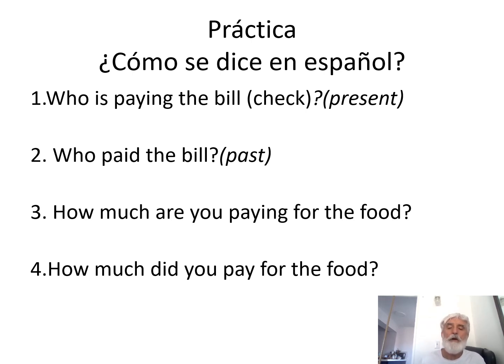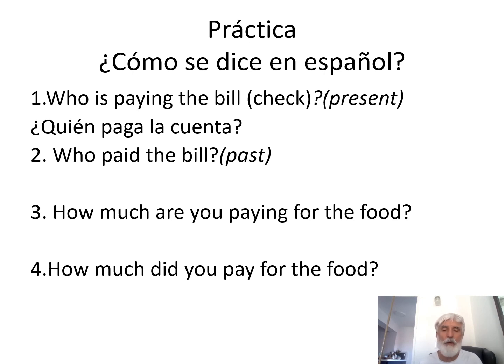The who form corresponds to the el ella ending. So let's do this one. ¿Quién paga la cuenta? Please learn that word. La cuenta means the bill, the check, when you go out to eat. ¿Quién paga la cuenta? That's in the present tense.